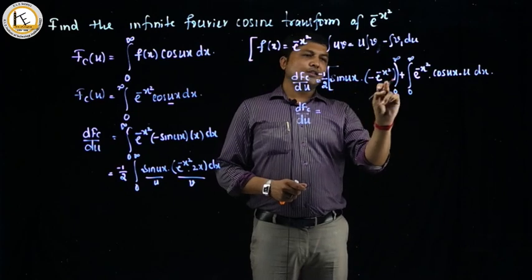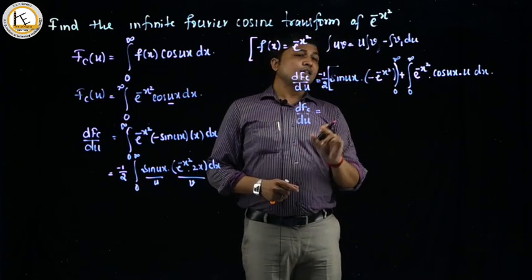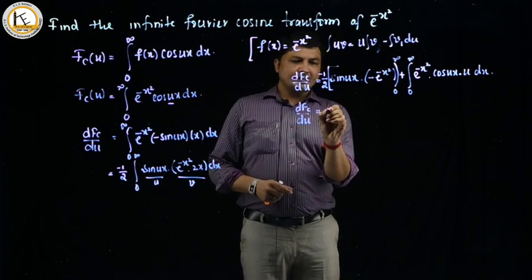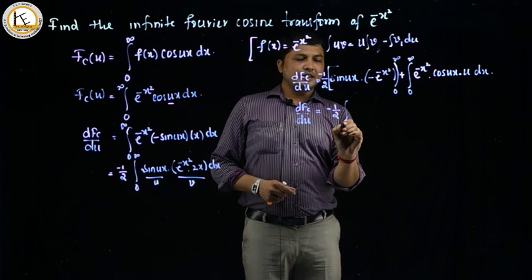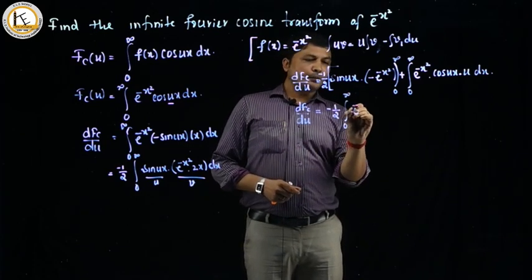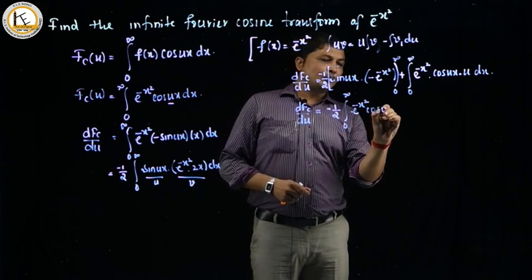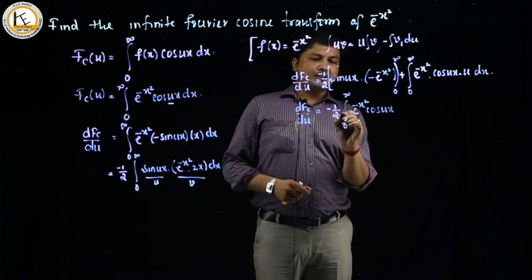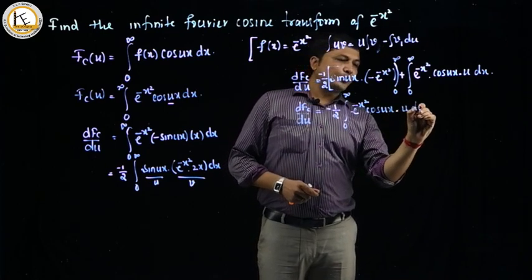So this whole term becomes 0 here. So remaining is only minus 1 by 2 integration, the second term, that is 0 to infinity e raised to minus x square into cos ux with respect to x, obviously there is u here, into u du.